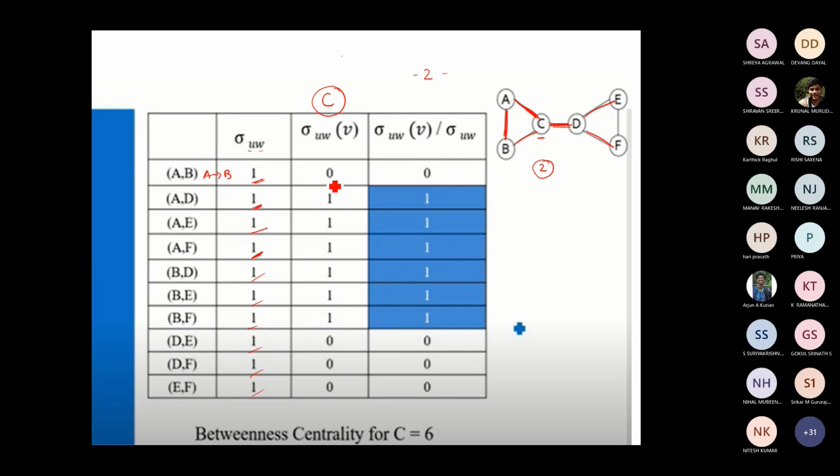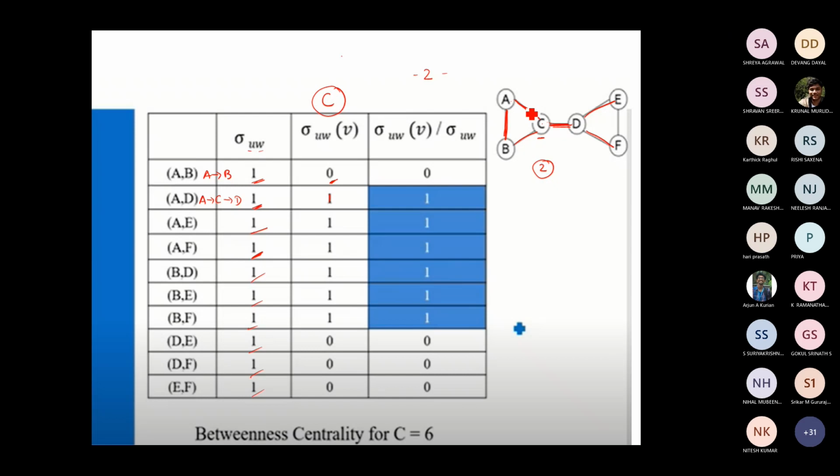Whether it is passing through C, no, it is not. The shortest path is not passing through C. Okay, A to D. What is our path? A to C, C to D. Am I right? So the shortest path that passes through C is 1, because it is passing through that.